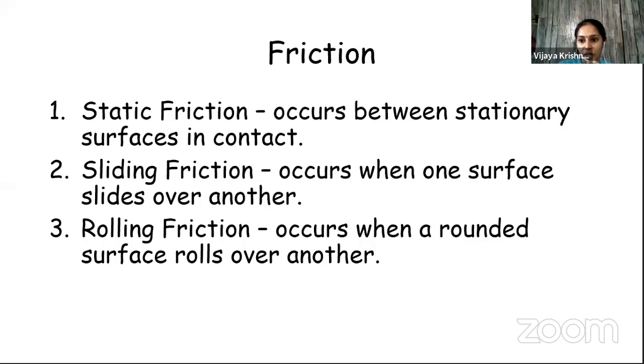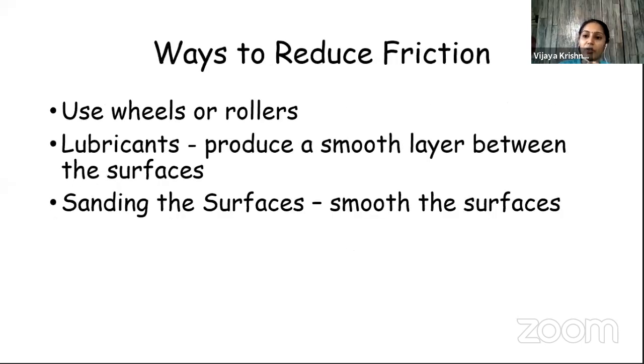Now, as I said earlier, we are going to see the ways in which you can reduce friction. So, by use of wheels or rollers, by application of lubricants, where you create a smooth layer between the surfaces, and something called sanding the surfaces. Now, what does this mean? This is when you smoothen or polish a surface so that it becomes smooth and the motion happens with less friction.